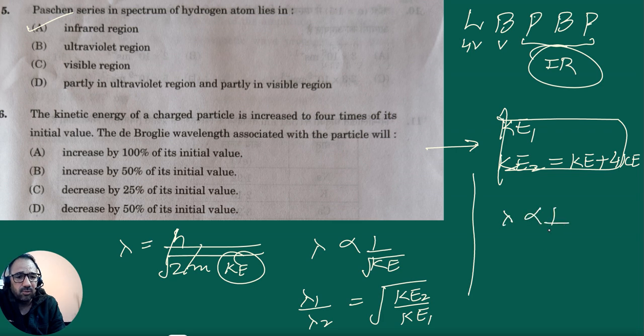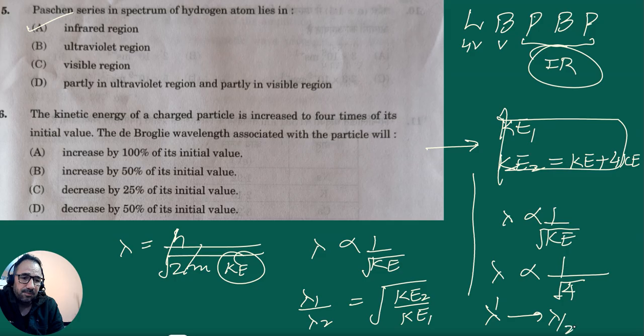Wavelength is inversely proportional to root of kinetic energy. It is increased by 4 times. The root of 4 becomes 2. Then the new wavelength becomes lambda by 2.